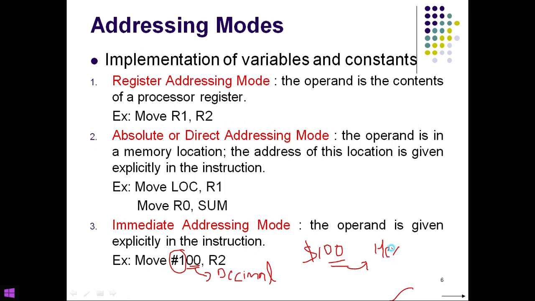The numbering notations are clear in the first module, I guess. So when I use a hash sign, it becomes decimal, and when I use a dollar sign, it becomes hexadecimal. So this is the major difference. Based on that, we can use our addressing mode, which is nothing but your immediate addressing mode.